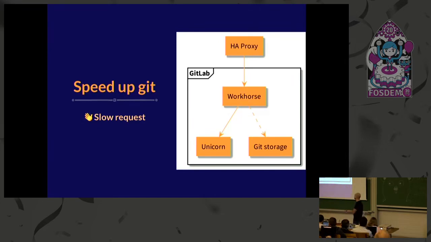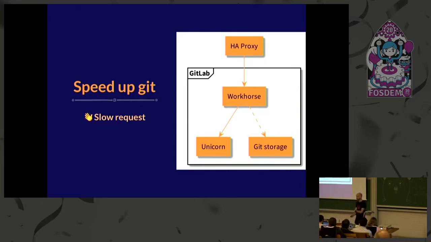But instead of handling the clone operation in Rails, we were just forking, with a Go routine, the Git binary and forwarding all the body of the request there. So basically, kind of a CGI. You can imagine this is like a CGI, but done in the reverse proxy instead of in the Rails application.